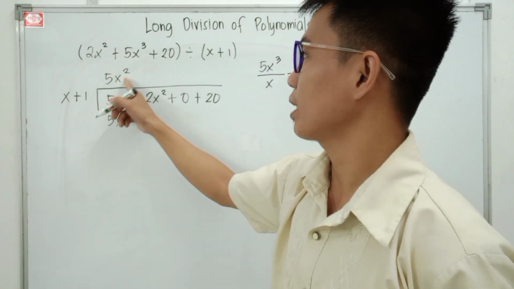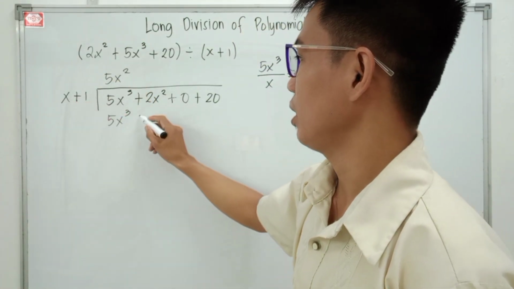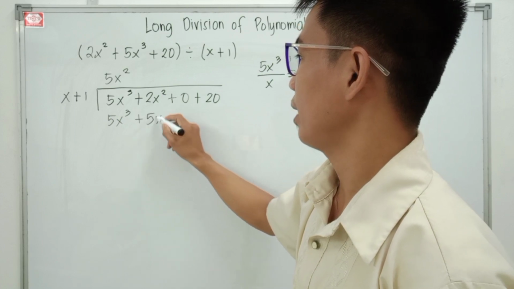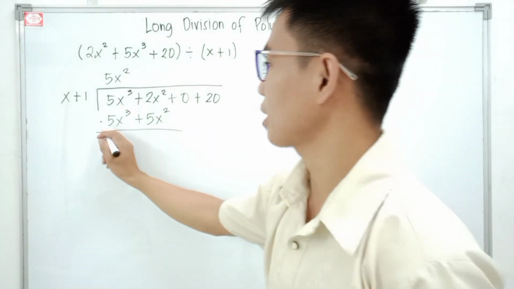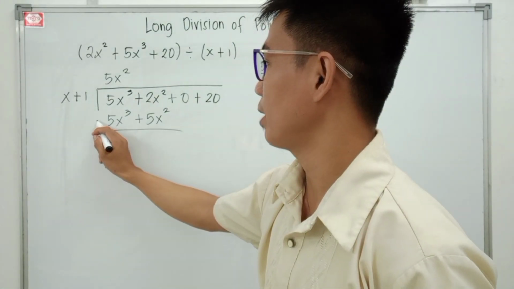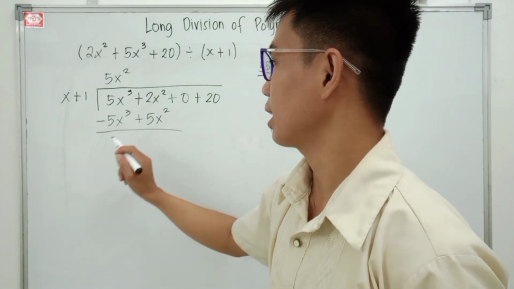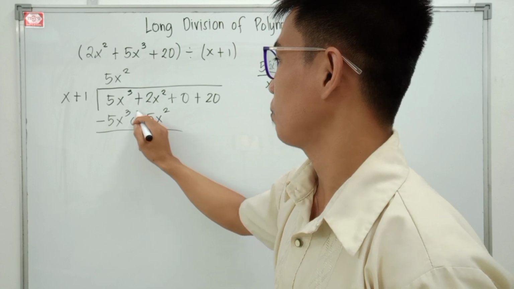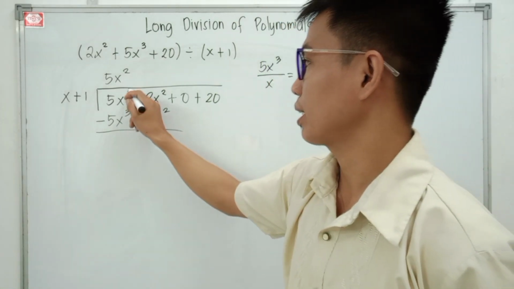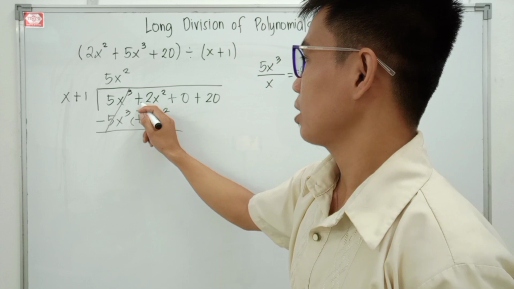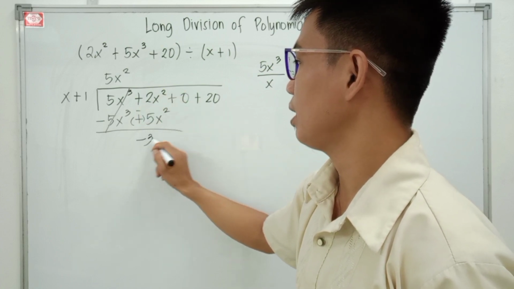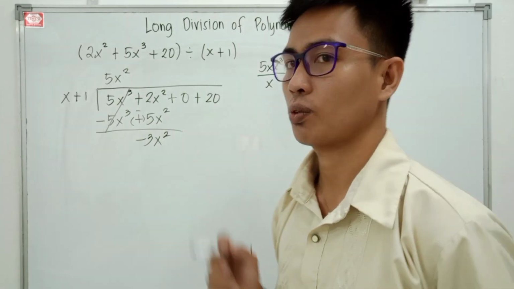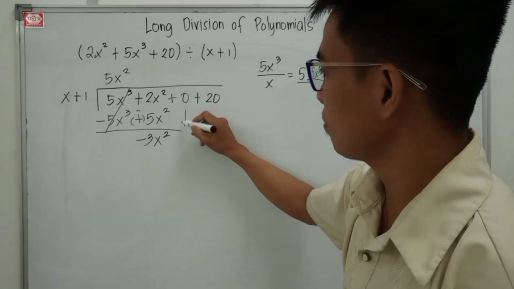And then, 5x squared times 1 is 5x squared. Then, subtract, change the sign of the subtrahend. Positive 5x cubed will be negative. 5x squared will be negative. Then, cancel. Positive 2x squared minus 5x squared will be negative 3x squared.